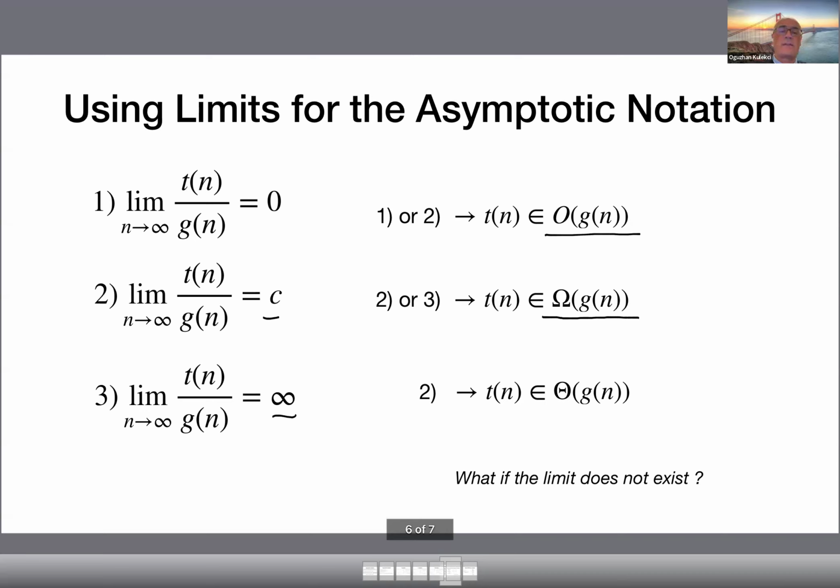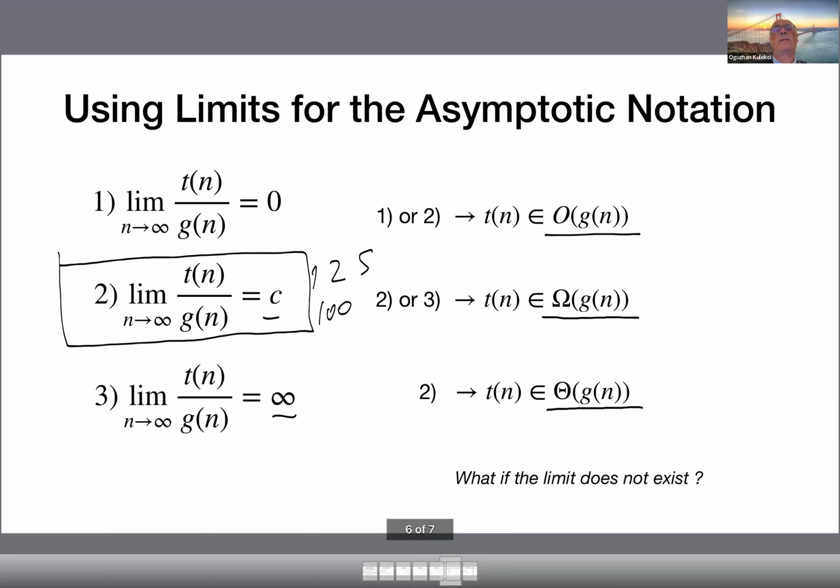If you know that this limit goes to a constant number, not 0, whether 1, 2, 5, 1 million, whatever, then you can say that it is a tight bound, and this function is both upper and lower bounded by the G(n) function.